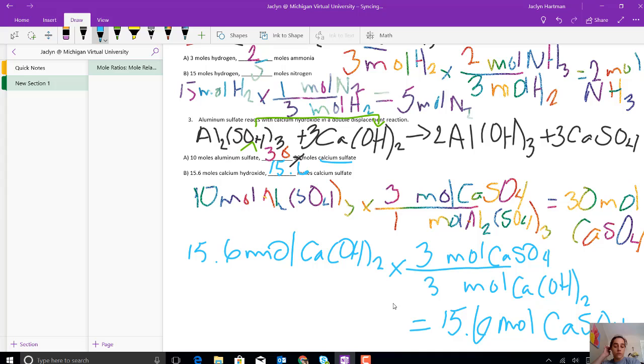15.6. Now, it's really important that you always show your work. Even though some of these are more simple, this is going to be one step in bigger problems in the future. So you want to make sure that you're always showing your work, because if you accidentally flip some numbers or something like that, I can see, oh, it was just a little error. I can take off a point.